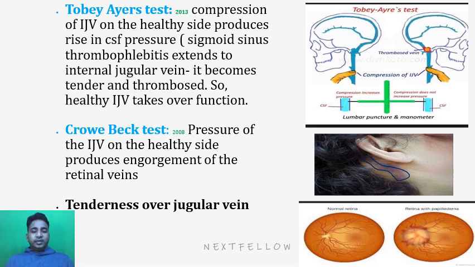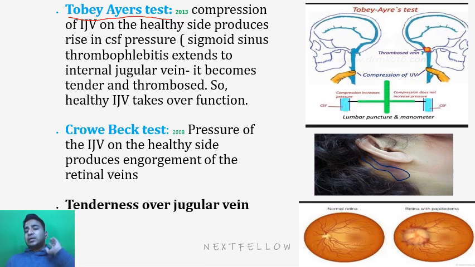One of the important tests we can do is the Tobey-Ayer test. Suppose the patient has right-sided sigmoid sinus thrombophlebitis. If we compress the IJV, the internal jugular vein, on the opposite side, that is the healthy side, it will result in an increase of CSF pressure.